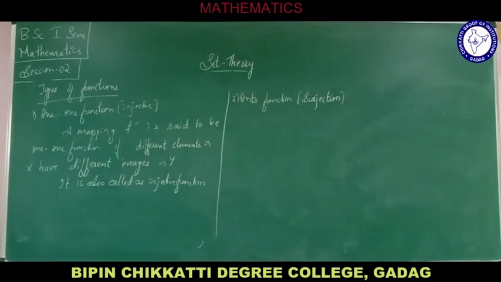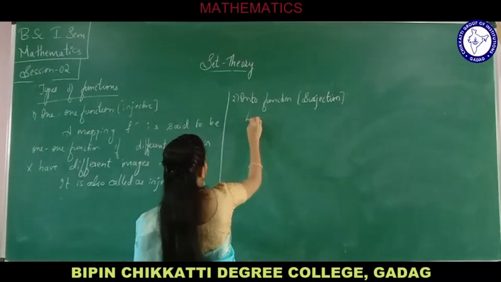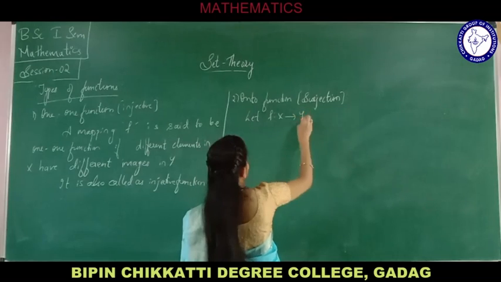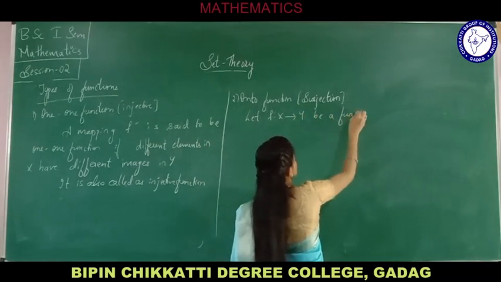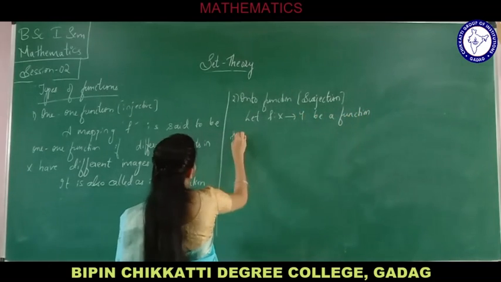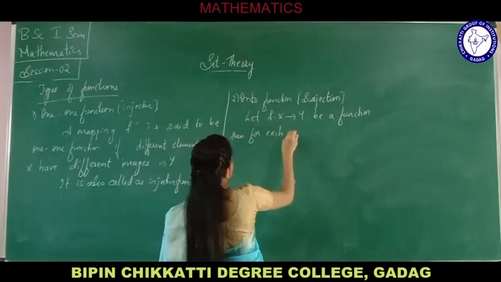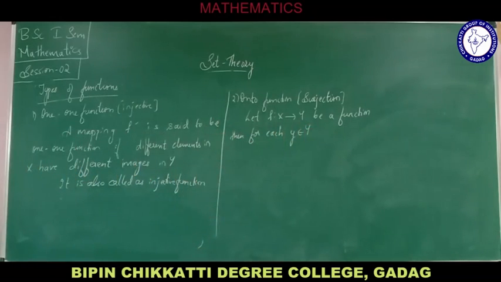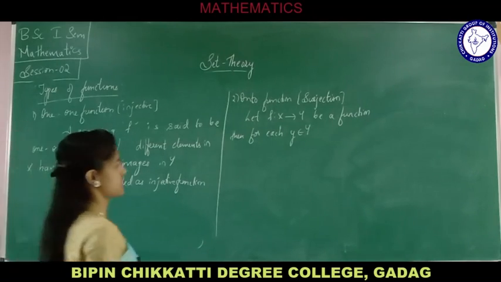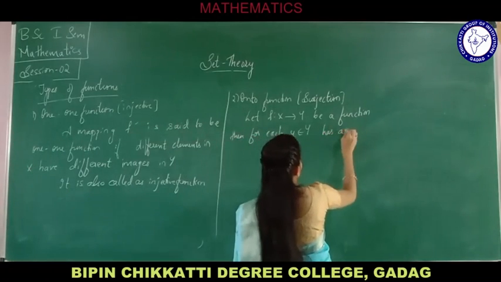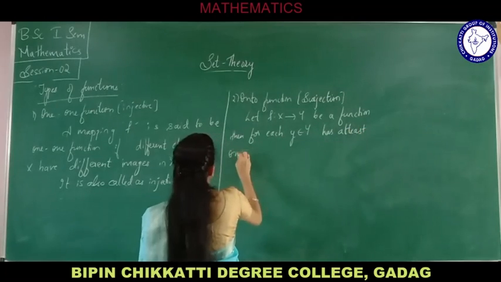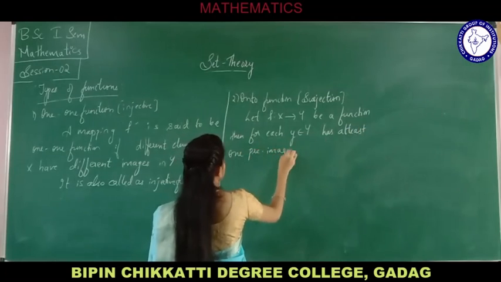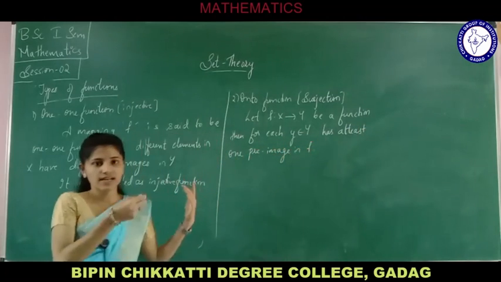Let f from x to y be a function such that for each y belonging to Y, each element y has at least one pre-image under f, that is, there should be an element in x.